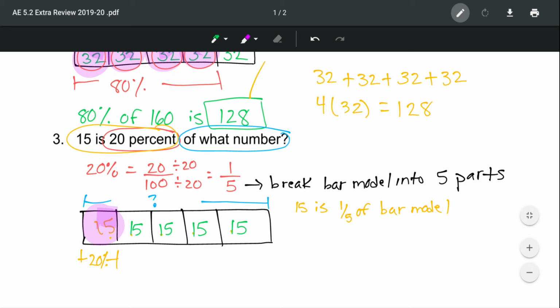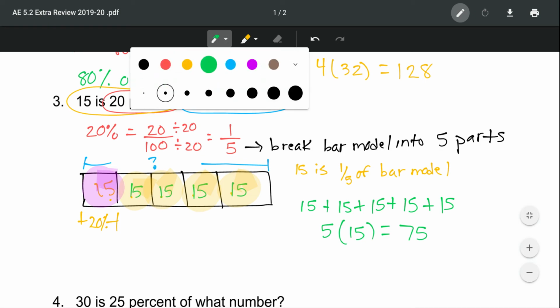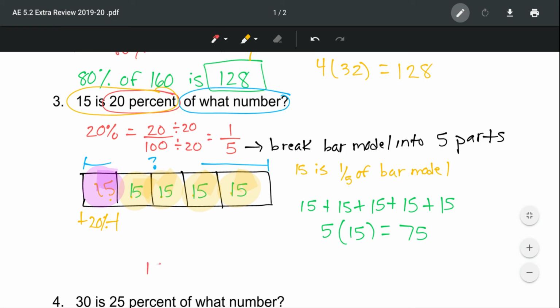Now you want to figure out the total value of the entire bar model. You could take 15 plus 15 plus 15 plus 15 plus 15, or you can take 5 times 15 to get the total value. You end up getting 75. So 15 is 20% of 75, and 75 is our answer.